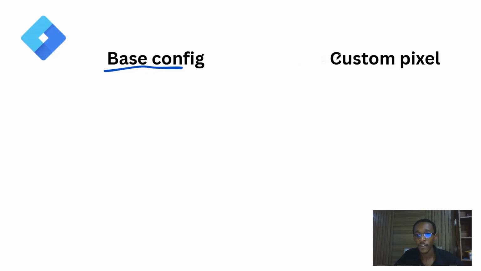And we also have our custom pixel configuration, where Shopify allows you to create more custom events that you can send down to Google Tag Manager. Now, one of the reasons you would want to use custom pixel over the base configuration is because the base configuration often has limitations, right?